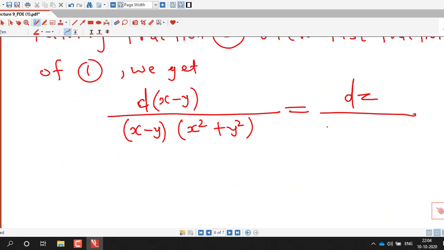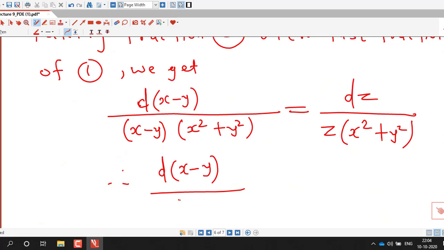Therefore d of x minus y divided by x minus y equal to dz upon z.